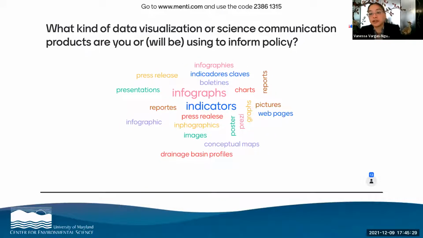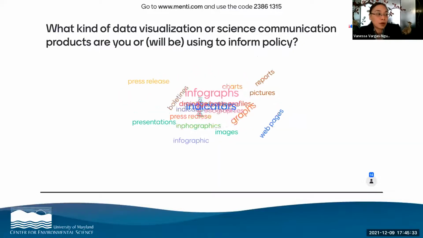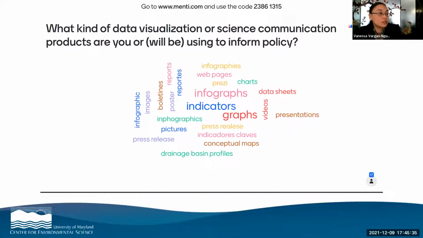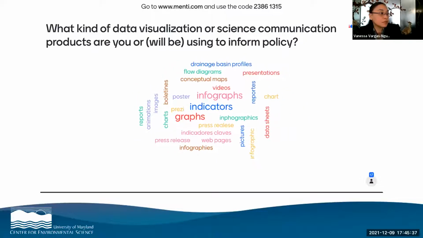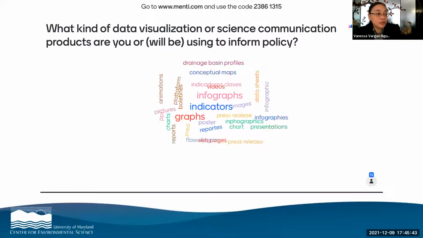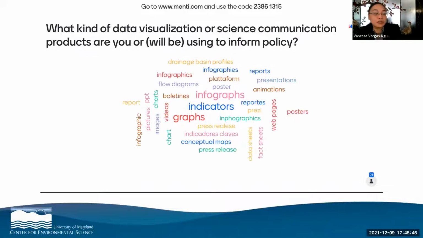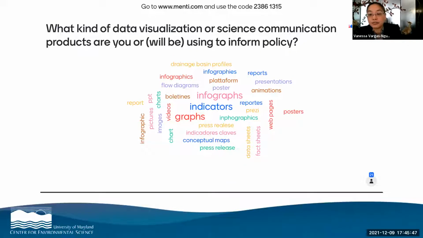I didn't mention that earlier, but it's part of the science communication products that is also very popular now. Data sheets, bulletins, animations, which are also very effective, such as creating short clips or videos. You can put a lot of information in a short amount of time.